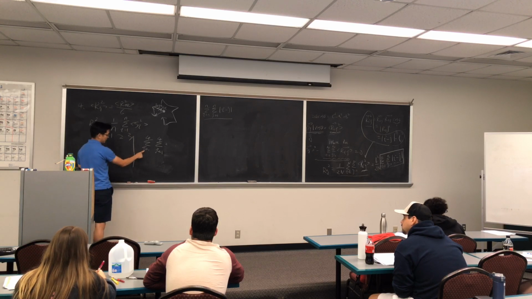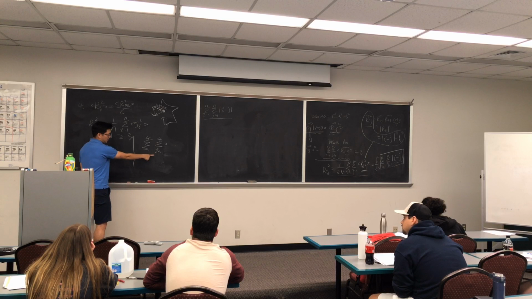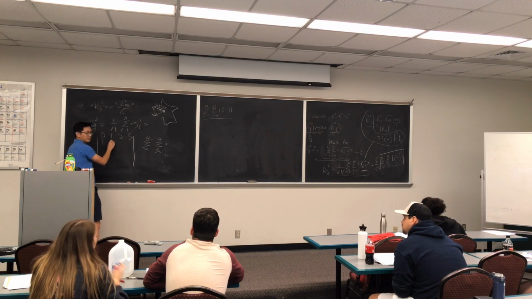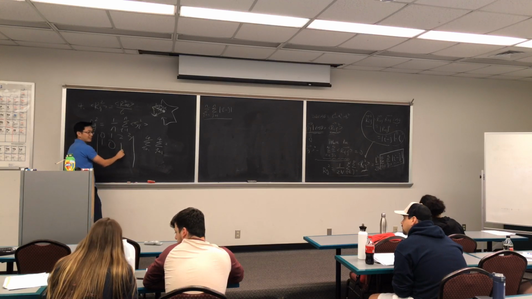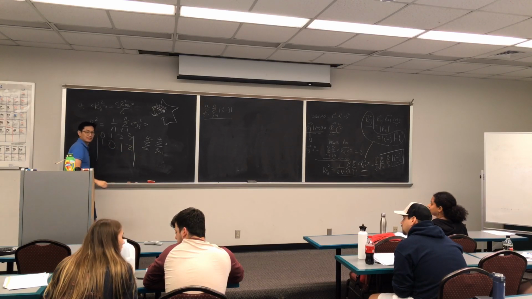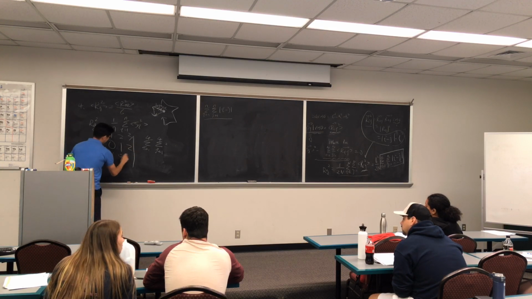So now, let's have i equal to 2. When j equals 1, you have 1. What's this number? 0. Okay.